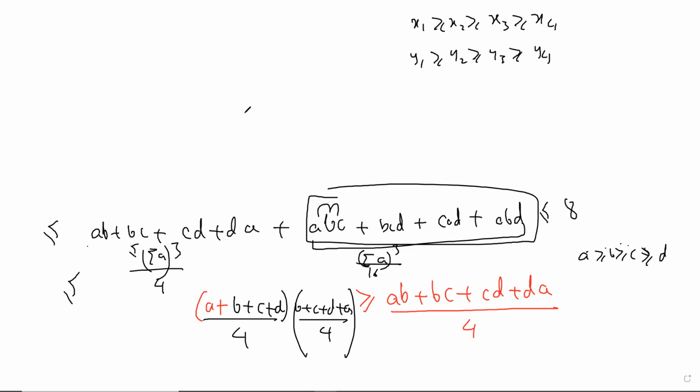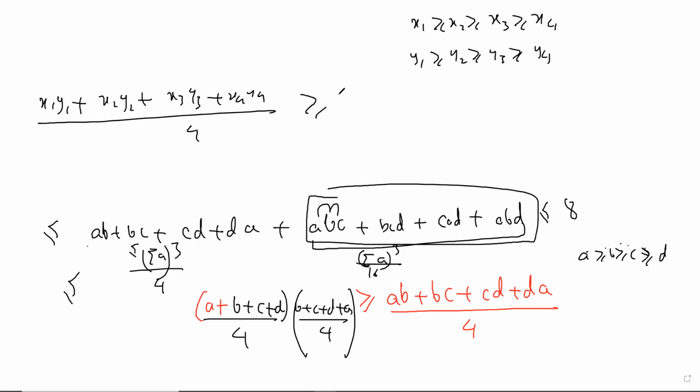In that case, if you multiply the bigger terms with the bigger, if you multiply them in order, then this multiplication, if you take the average, is bigger than if you first add them and then you multiply them, right?